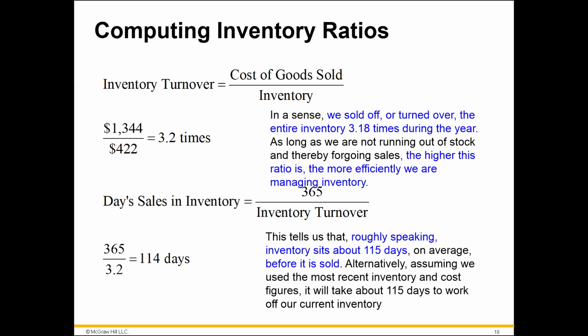So for our example, the broker corporation, this ratio is 114 days, which means that, roughly speaking, the inventory is held about 114 days on average before it is sold, right?